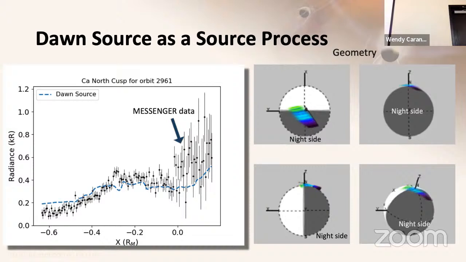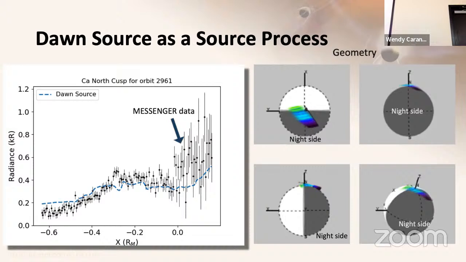The x-axis here, again, in the Sun-Mercury plane, is pointing towards the sun. So on the graph, the 0 point is where the North Pole is. The more negative you go, you're going toward the night side, and positive, you're going toward the day side. And we see this enhancement around 0, around the cusp, the Northern Pole.